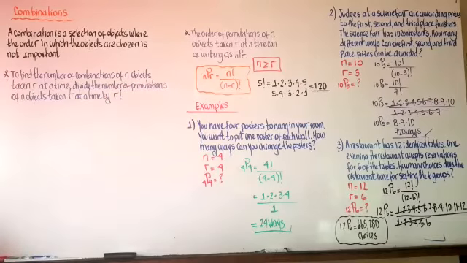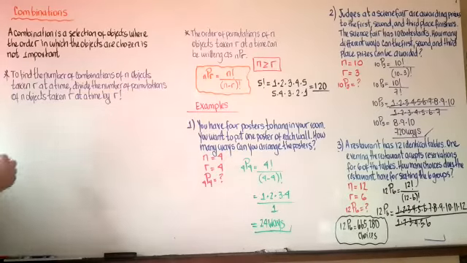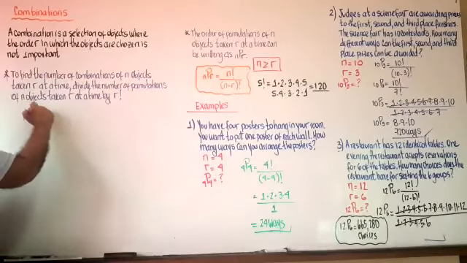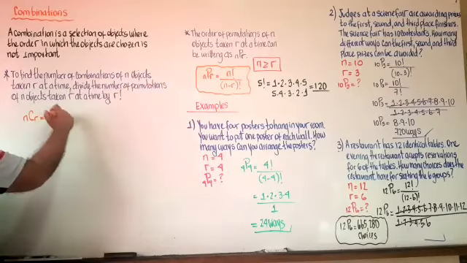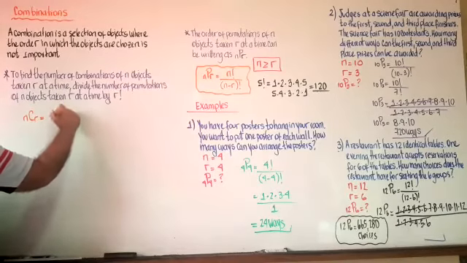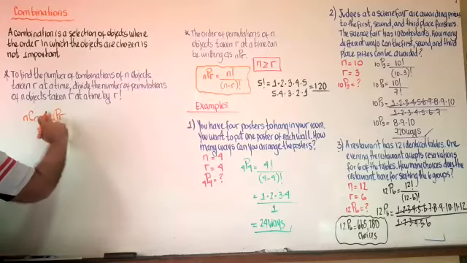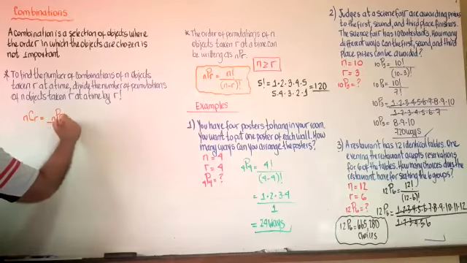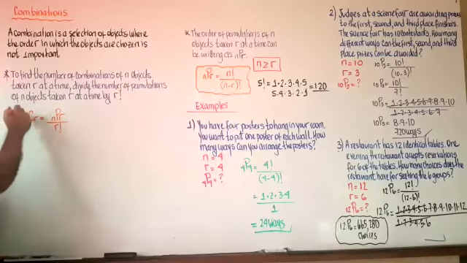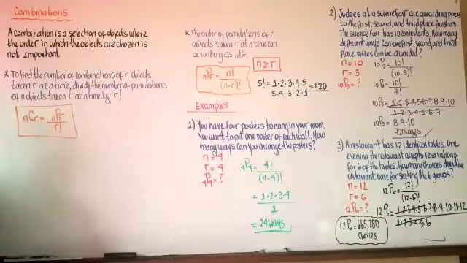In simple words, what will be the formula? Instead of using the permutation, we say n combination r will be equal to n permutation r divided by r factorial. This is what the postulate says.